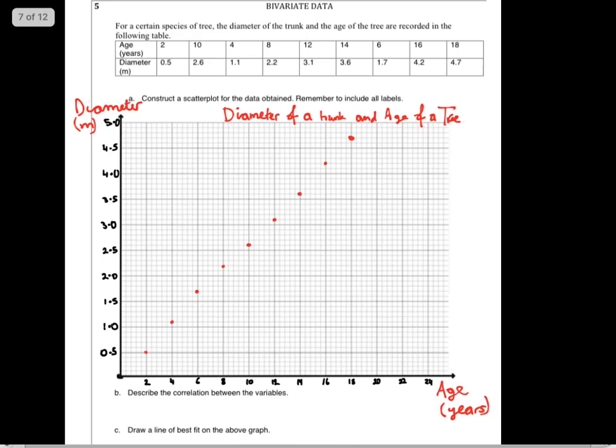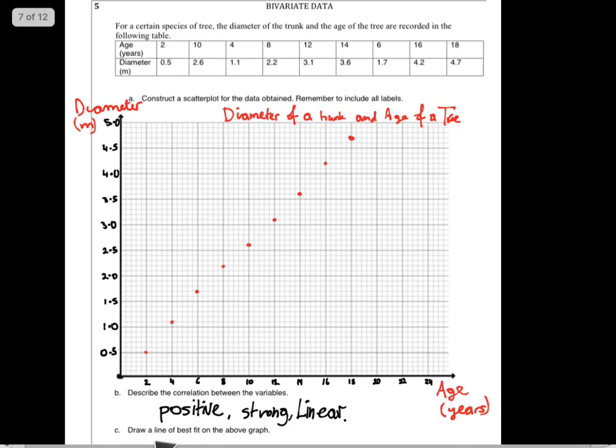Now the trend is it's going upwards, so that's a positive direction, and because all the points are very close together, almost on a perfectly straight line, we've got a strong correlation and linear for a straight line. Okay, that's describing the correlation right there.